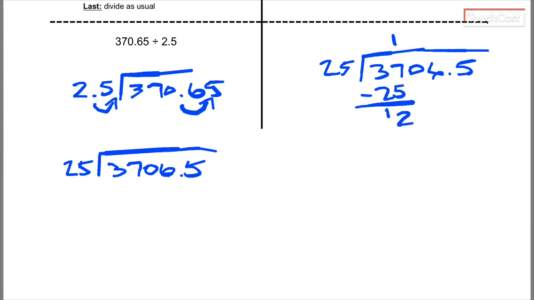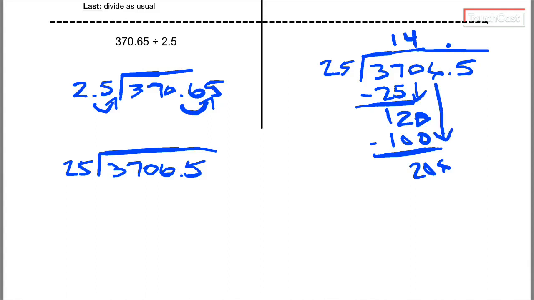We subtract, we get 12. We bring down our 0. 25 goes into 120 4 times. We have a remainder of 20. We bring down the 6.